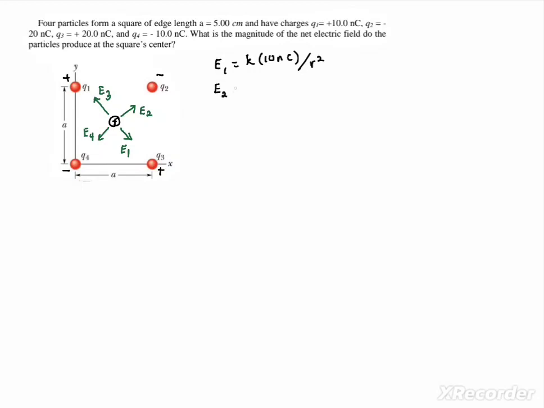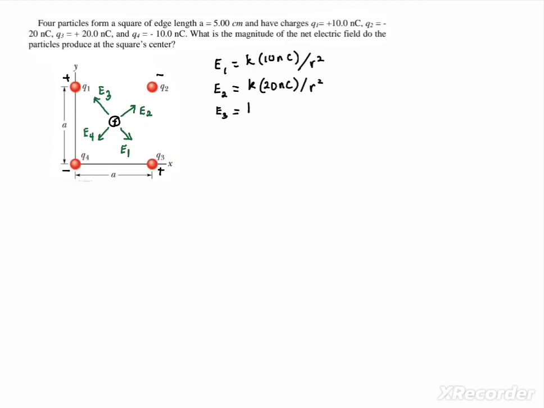For E2, we have K times Q is negative 20 nanocoulombs, and we are taking the absolute value. So we still write positive here, divide by R squared. It's the same R because it's also half of the diagonal.